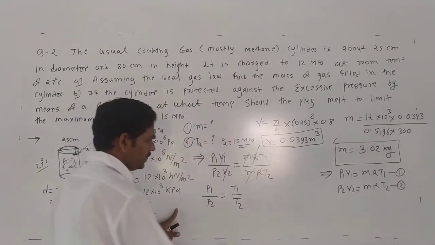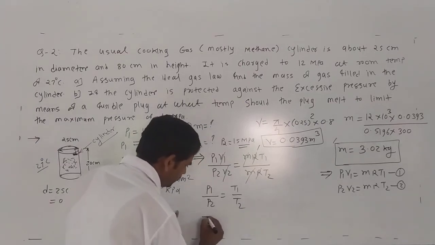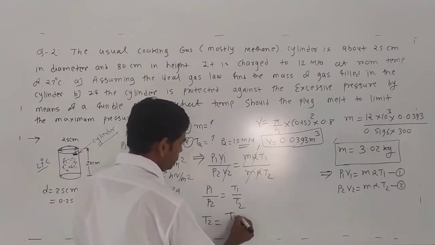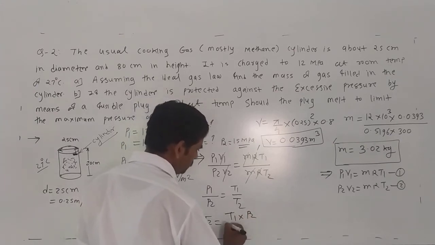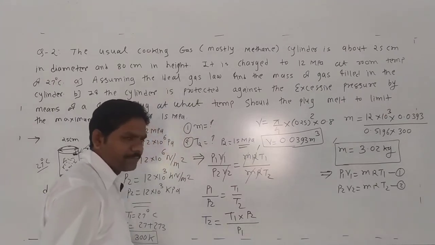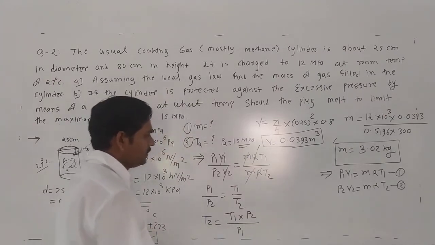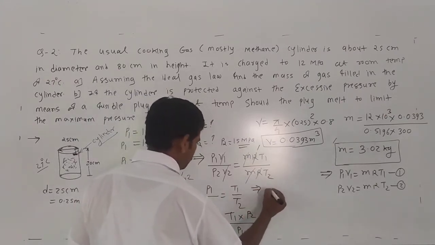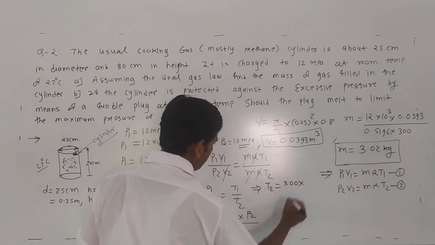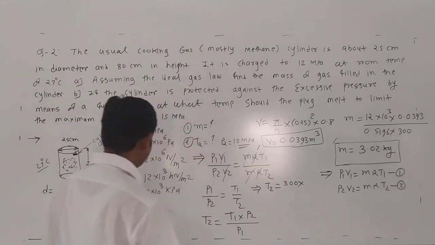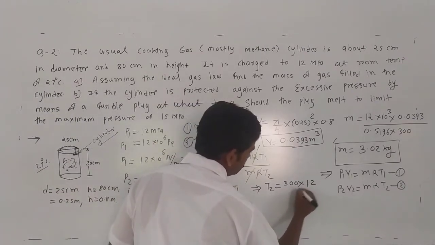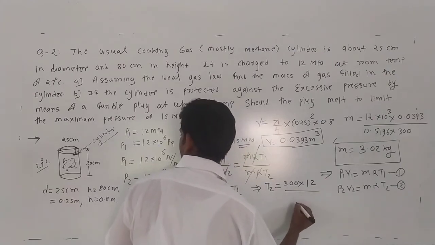So we write down here, T2 is equal to T1 into P2 upon P1, right? So you just put the values here. T1 is how much? 300. P2 is given how much, guys?